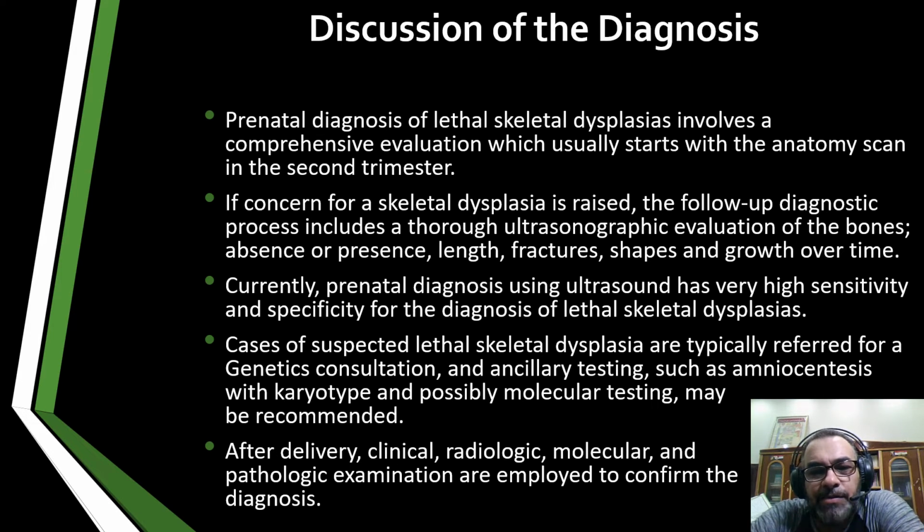Cases of suspected lethal skeletal dysplasia are typically referred for a genetic consultation and ancillary testing, such as amniocentesis with karyotype and possibly molecular testing may be recommended. After delivery, clinical, radiological, molecular, and pathologic examinations are employed to confirm the diagnosis.